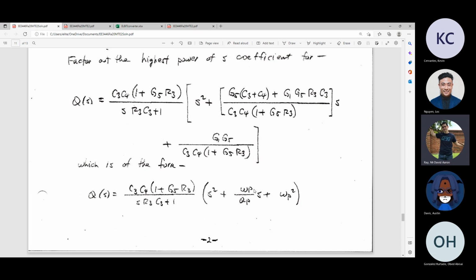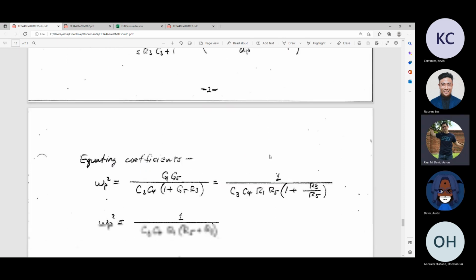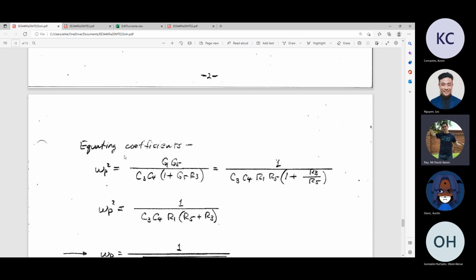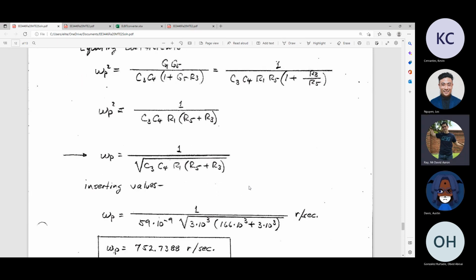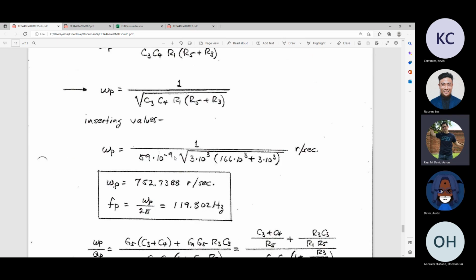Because we do not know what qp is compared to omega p, he has to go for this right term first, squaring this term to equal omega p. That's how he gets omega p squared equal to that term, and then he does the square root right here. And then plugging in the values gets you an omega p, and it gets you a frequency.